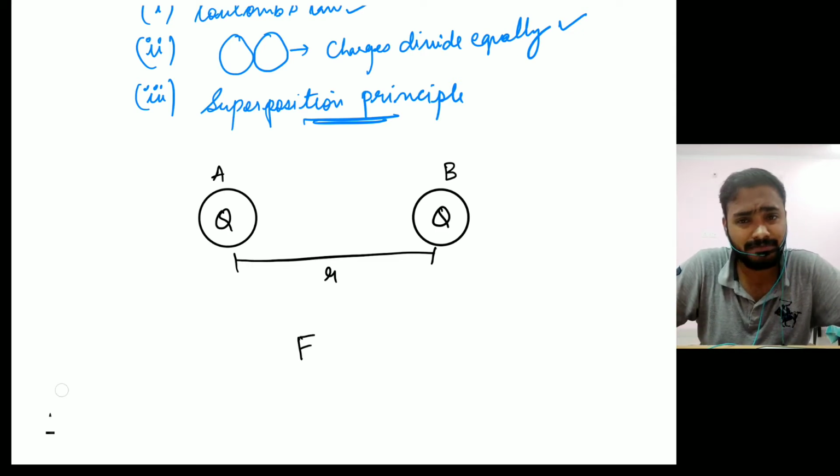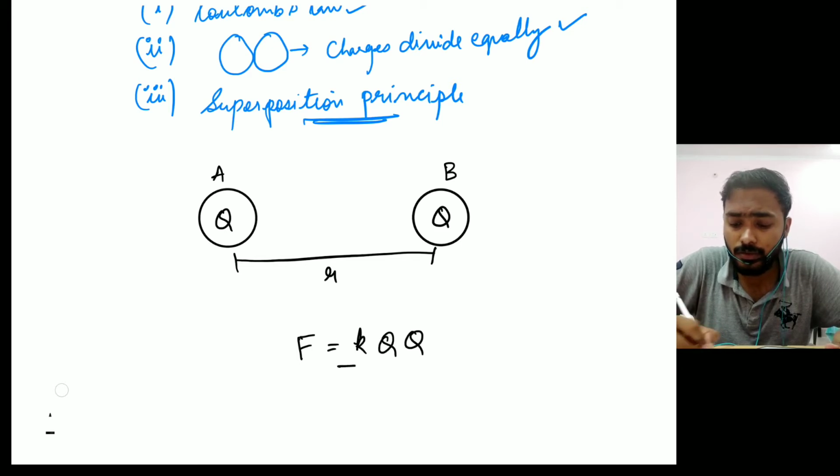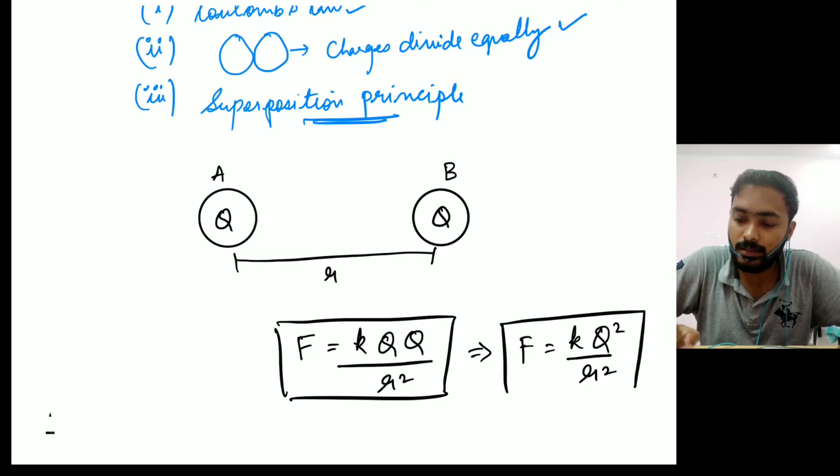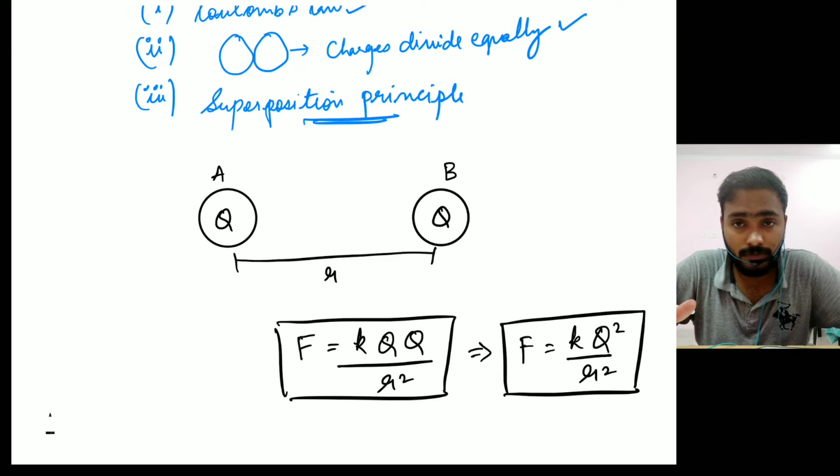By Coulomb's law, F is very simply equal to kQ squared upon r squared. This is something we know, quite plain and clear. There is no rocket science here. Coulomb's law, just apply it.